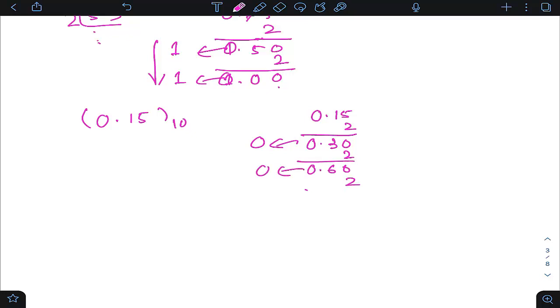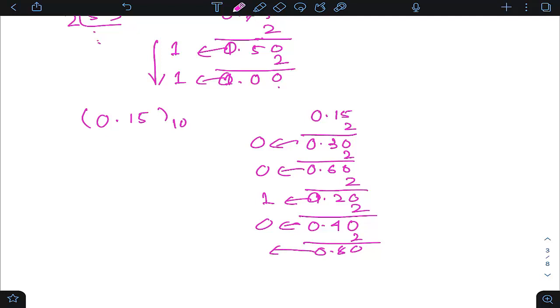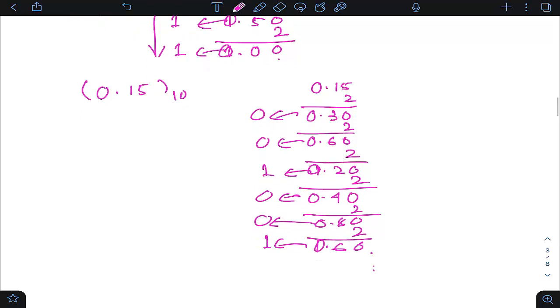You multiply by 2, you get 1.20, you take this 1, and you take this 0. Multiply by 2, you get 0.40. You take 0. You multiply by 2, you get 0.80. You take 0. You multiply by 2, you get 1.60. You take this 1 and this 0. Like this you see, this is a non-ending series.